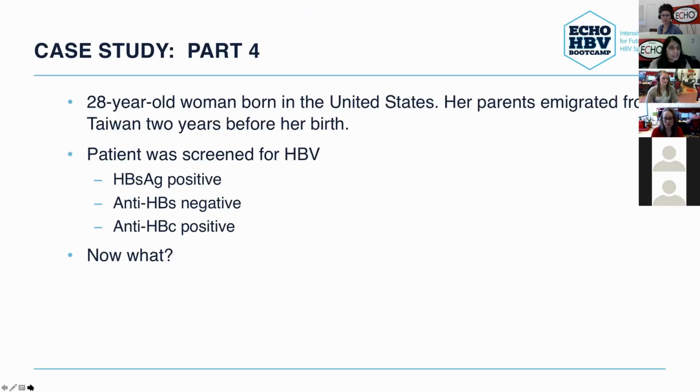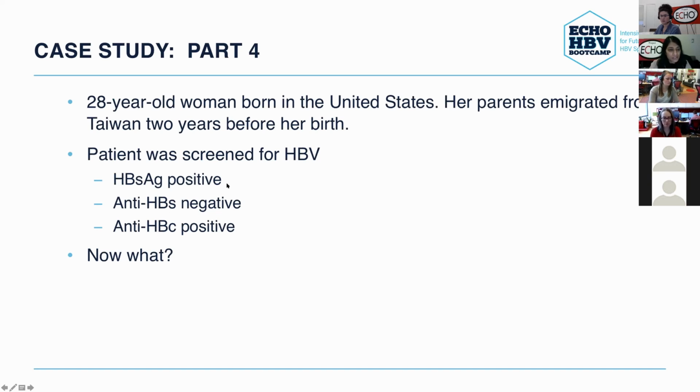All right. So we're going to build upon the case that we've had since the first module. This is our 28-year-old woman born in the United States, whose parents emigrated from Taiwan 2 years before she was born here. You're the physician, and you screen the patient for hepatitis B. The 3 tests that you check as part of screening include hepatitis B surface antigen, hepatitis B surface antibody, and hepatitis B core antibody.